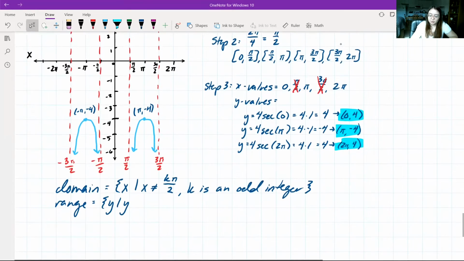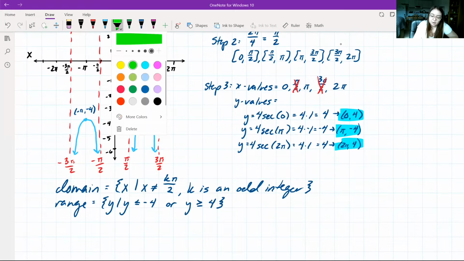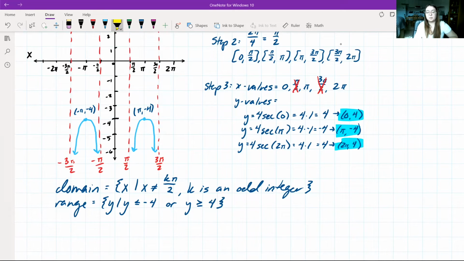So when we write this, we're going to write y less than or equal to negative 4, or y greater than or equal to positive 4. So this means that our values of x and y can exist in all of these places written out in our property for our set builder notation. And those would be our answers for our domain and our range.